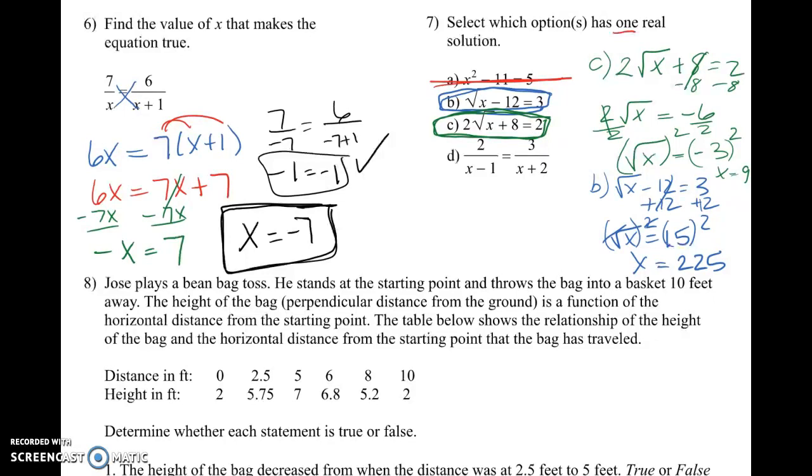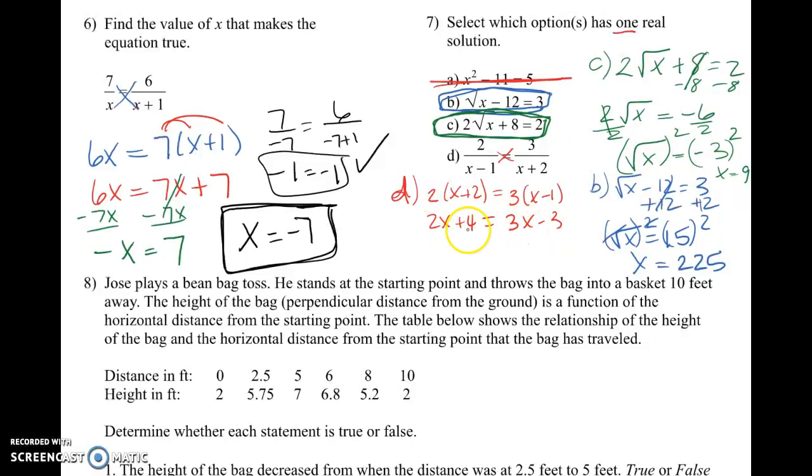All right, let's try D. So D, I will cross multiply, and I'll get 2x plus 2 equals 3x minus 1. Distribute. 2x plus 4 equals 3x minus 3.